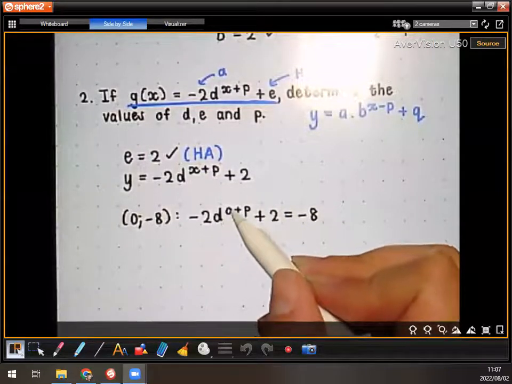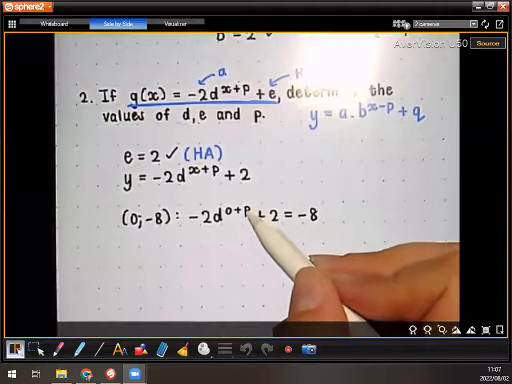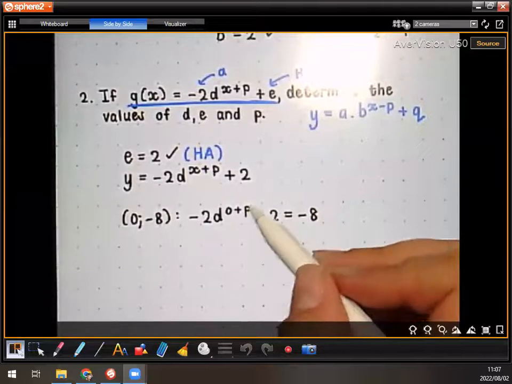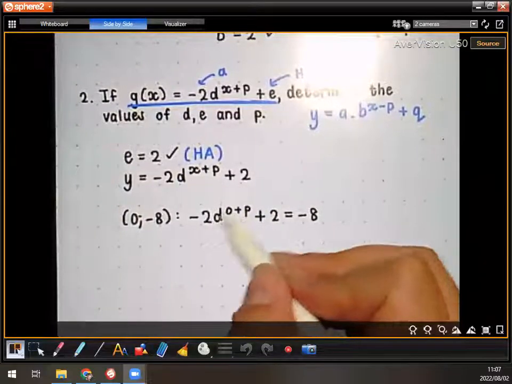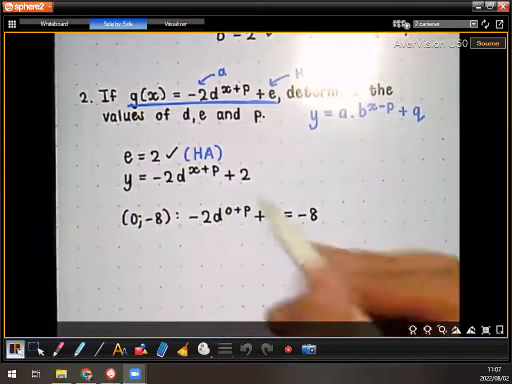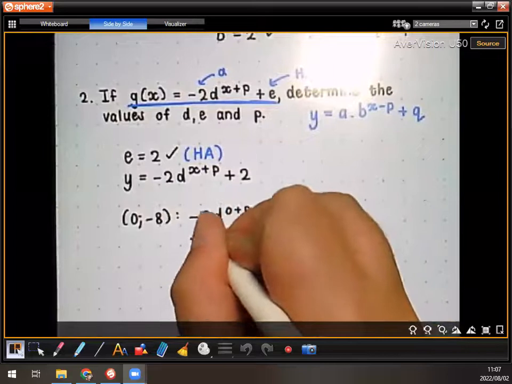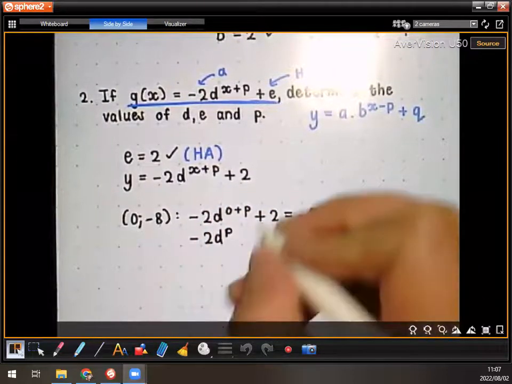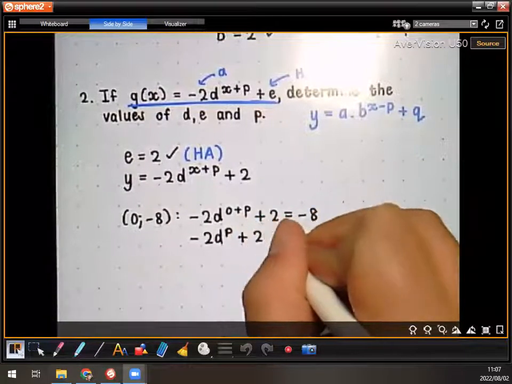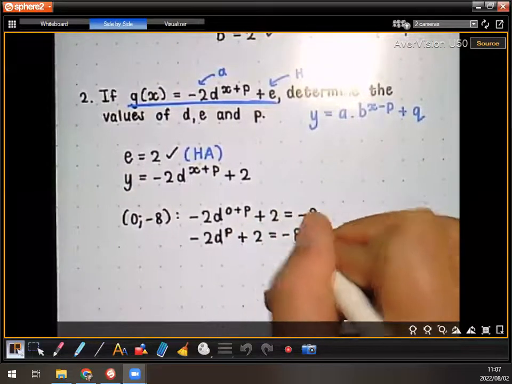Is d to the power of 0 plus p also 1? No. If it was d to the 0 would be 1, that would be perfect. But unfortunately, it's 0 plus p. So you can simplify that to d to the power of p, but unfortunately, it's not going to be equal to 1.